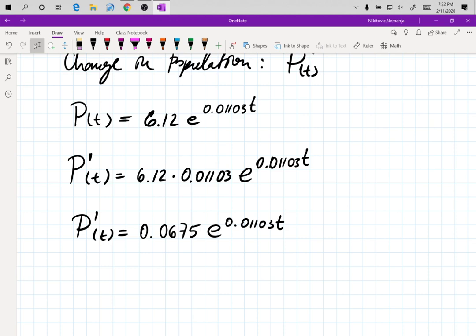First of all, this is year 0, 2020, right? How many more new people are we going to introduce to the planet in 2020? Well, you stick in t equals 0. That makes e to the 0 equal to 1. So you are introducing 0.0675 billion, that is 67.5 million people planet-wide. But that's a difference between the birth and the death, right?